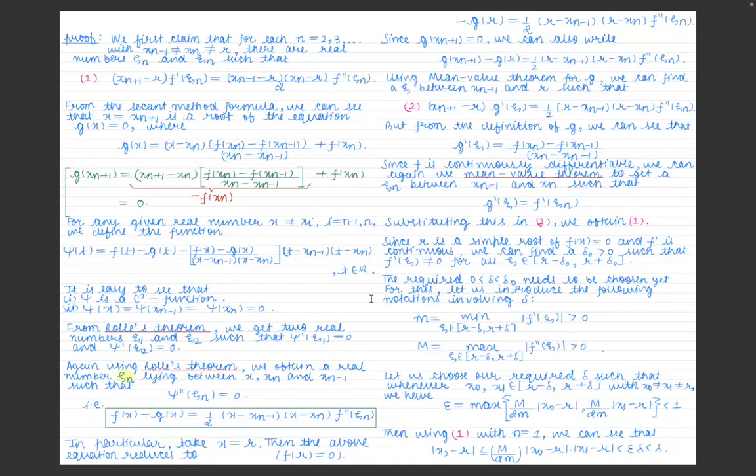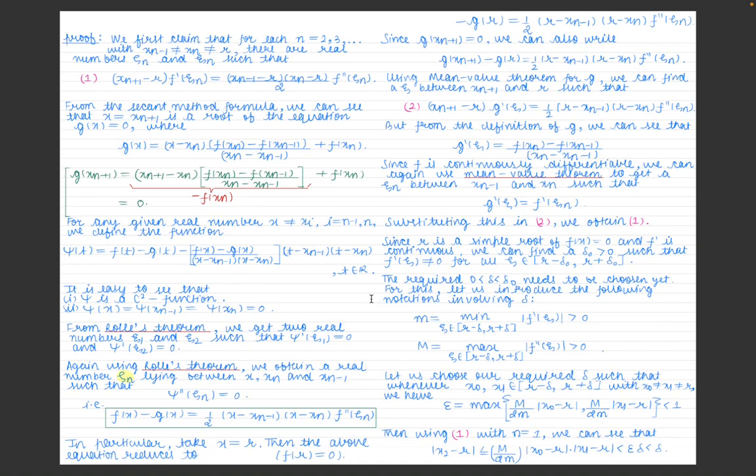Because f is a C2 function, and the way we have defined g, it is just a polynomial, a linear polynomial, so anyway it is C2, and xi is made up by adding certain C2 functions. So xi is a C2 function.